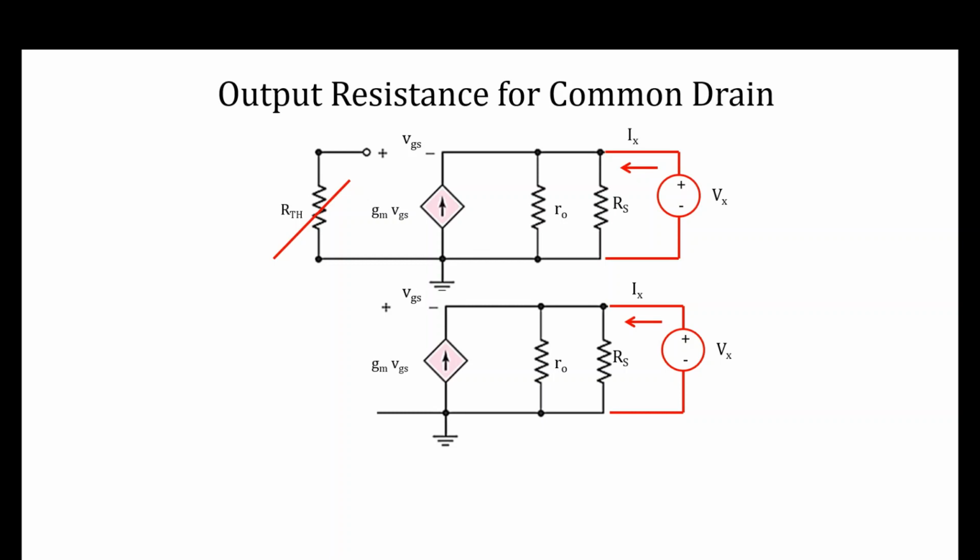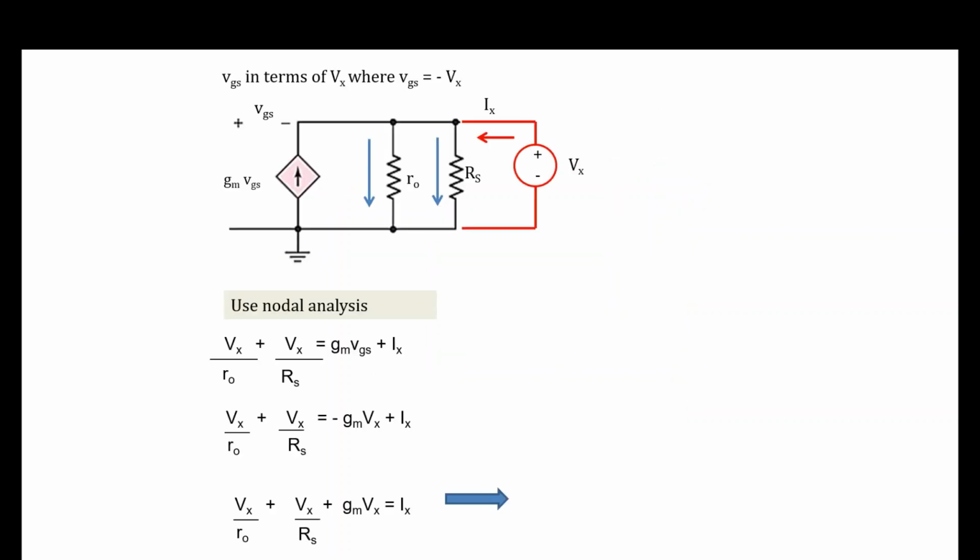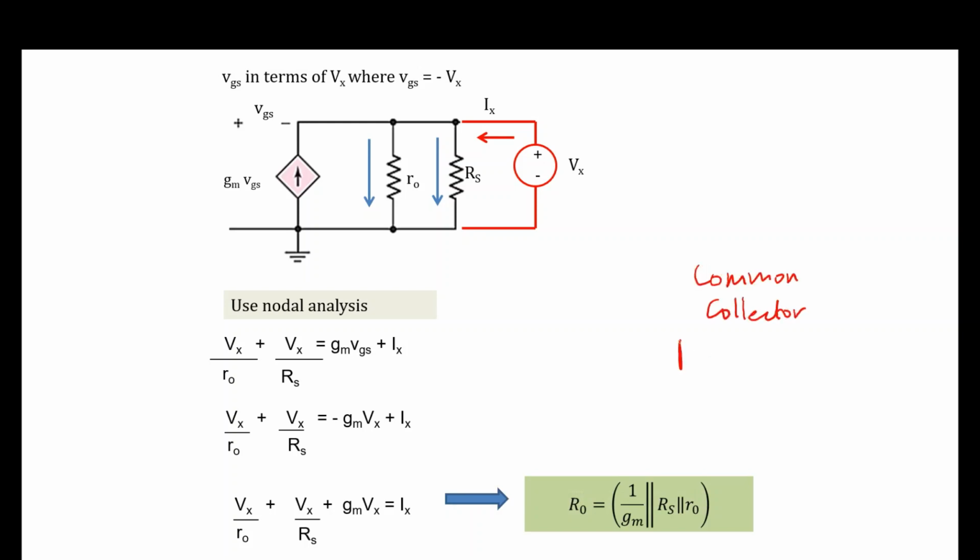Okay, so similarly using test voltage, you obtain the output resistance equivalent to 1 over Gm in parallel with Rs in parallel with the small R0. For common collector, the R0 is equivalent to R pi over 1 plus beta in parallel with Re in parallel with R0, the small R0.